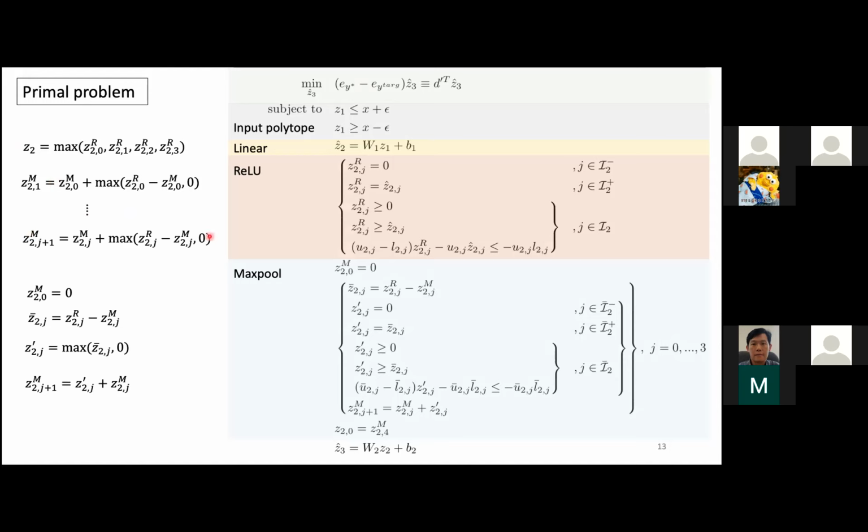So this is the general form to represent the max pool function. And we can also split this form into several equations. And the first equation is we initialize the LeNet to 0. So here we can see the constraint here.